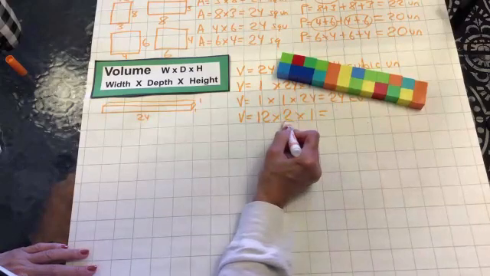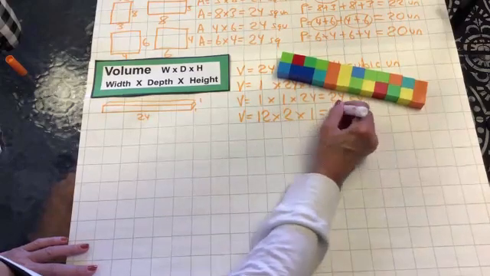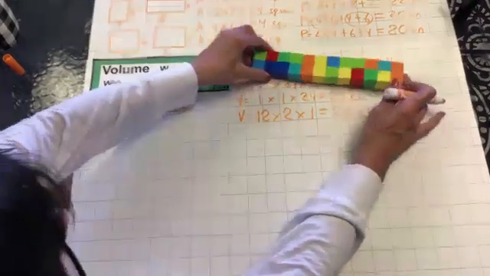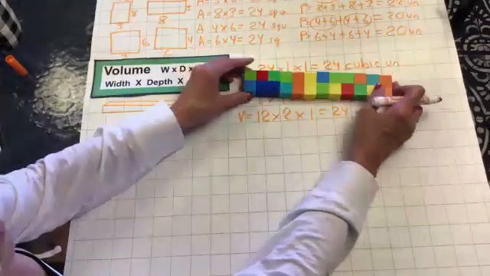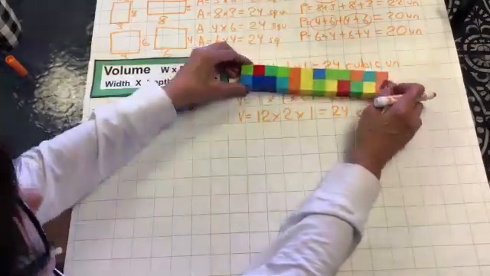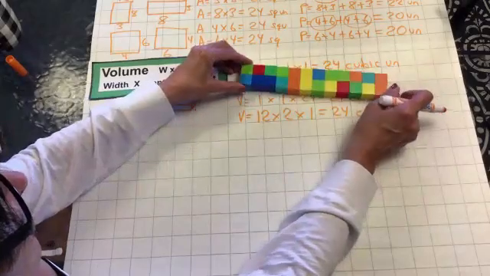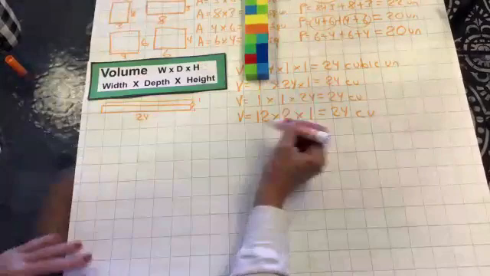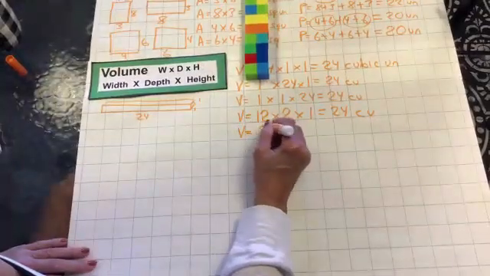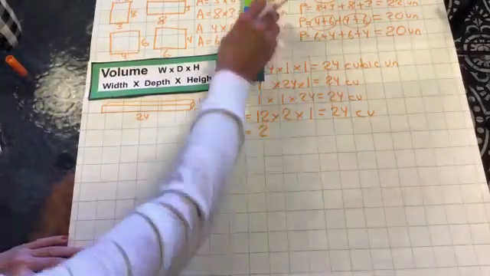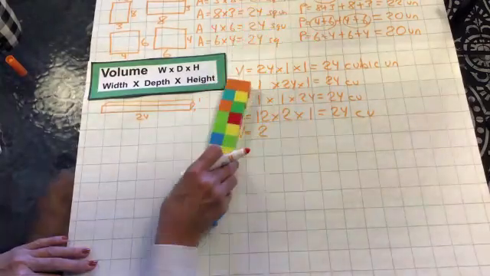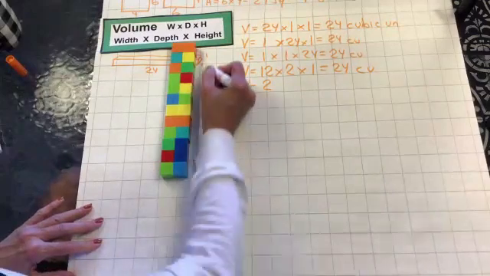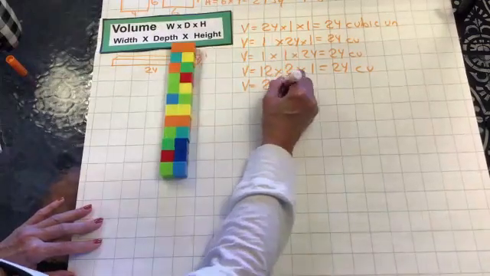So 12 times 2 is 24. 24 times 1 is 24 cubic units. So this is one shape, one rectangular prism. We can turn it like so and take our view from here, and it would be a 2. And hopefully you can see all that. Let me bring it down. There. All right, so now this is a 2 by 12 by 1 tall.